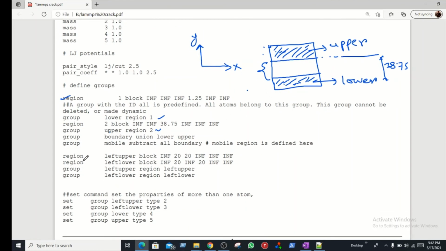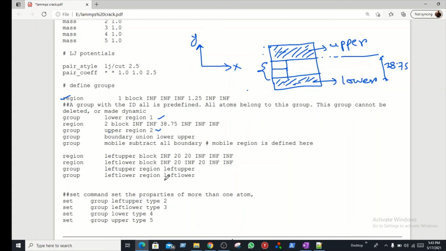And after it we are again declaring a region left upper block, x axis is infinity to 20, y axis is 20 to infinity, and z axis is infinity to infinity, that means it will be like this, and that will be the left upper and left lower group, something like that.